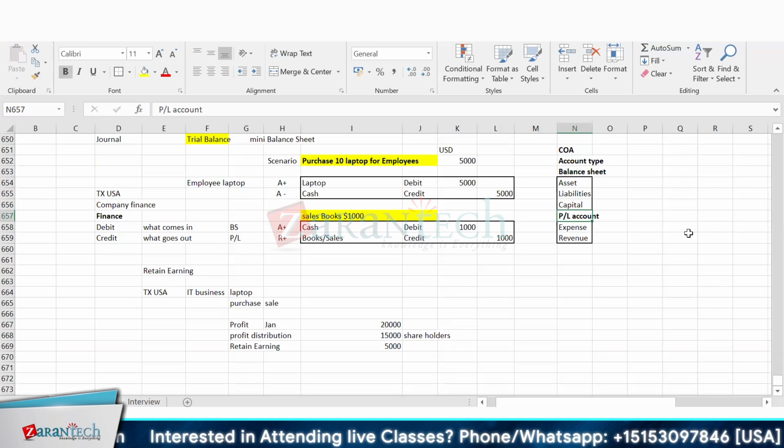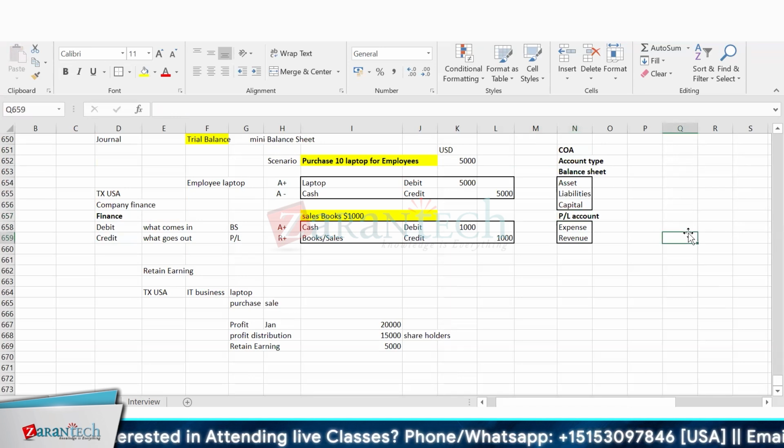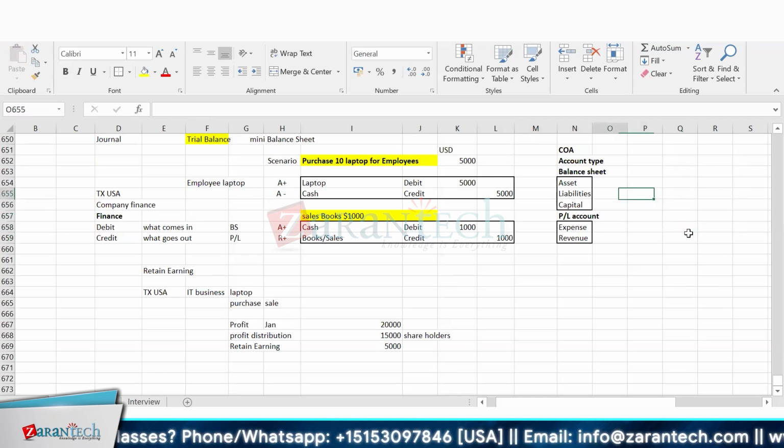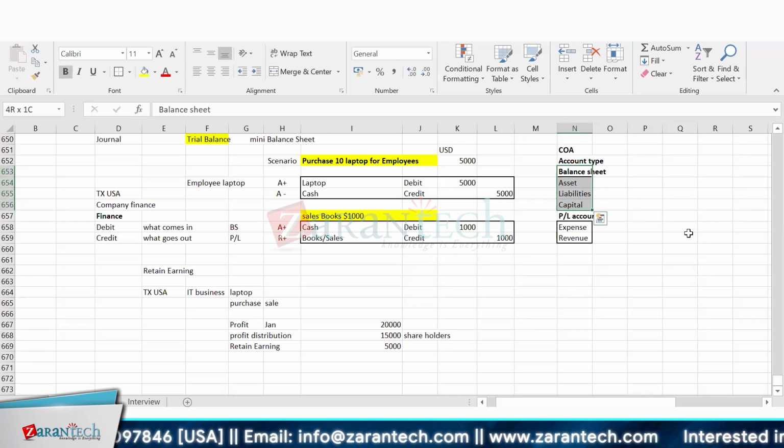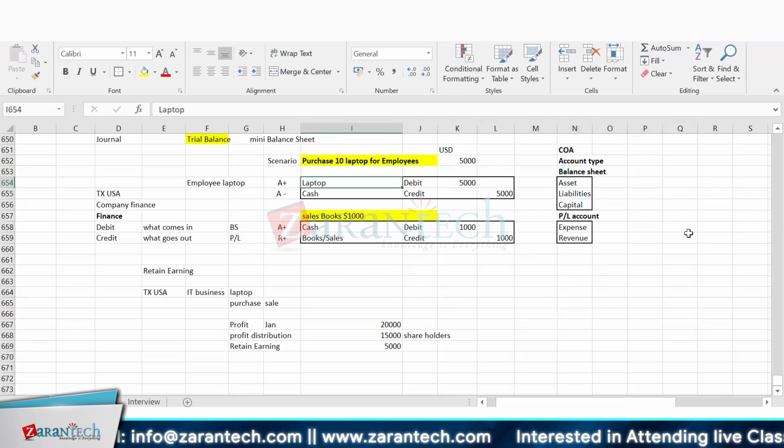Balance sheet accounts normally hit period-wise as well, but normally you calculate them at the end of the year, to see whether your business is in good shape or not. Good shape means whether you are making a profit or not. Some accounts hit on a daily basis as well, like we did here.